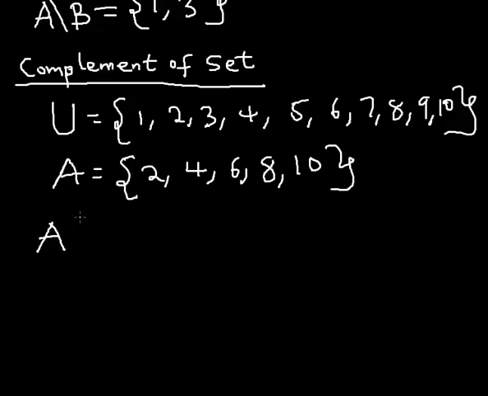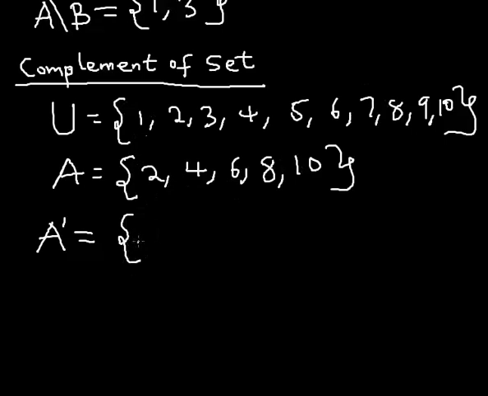I use A prime for complement. So this is the symbol for complement, prime. All I need to do is subtract all the elements of A from the universal set. What is left becomes the complement. So those elements in the universal set that are not found in A become the complement.